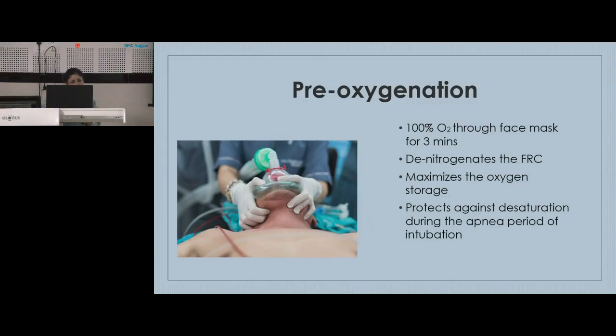It denitrogenates the functional residual capacity of the lungs, so it maximizes oxygen storage. When we are intubating the patient, there is an apnea period. So when we adequately pre-oxygenate the patient, it protects from desaturation during the period of apnea.